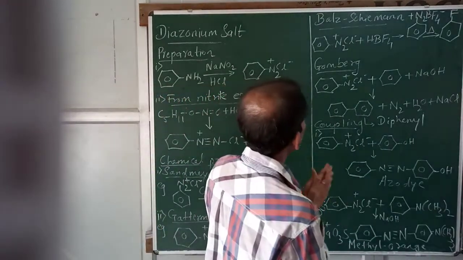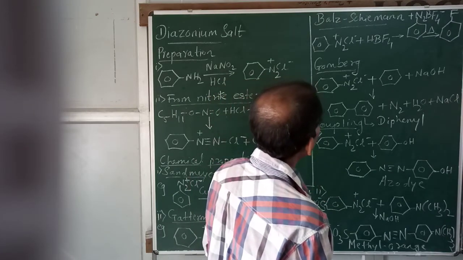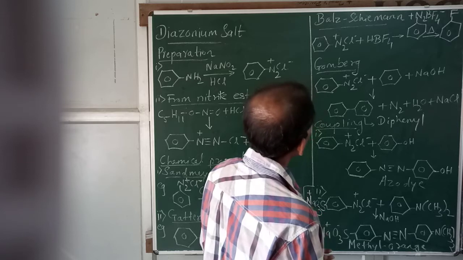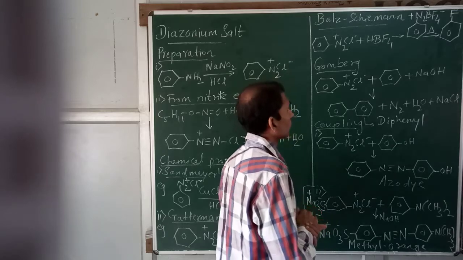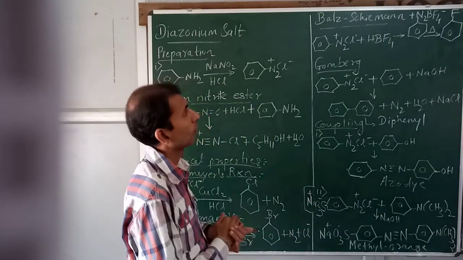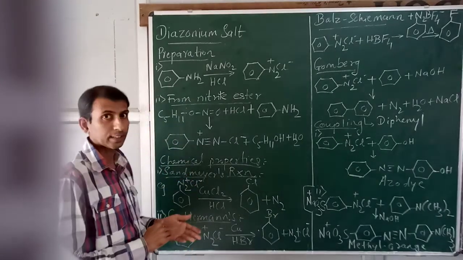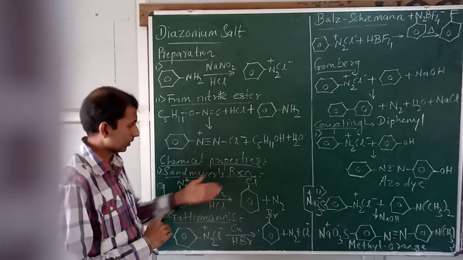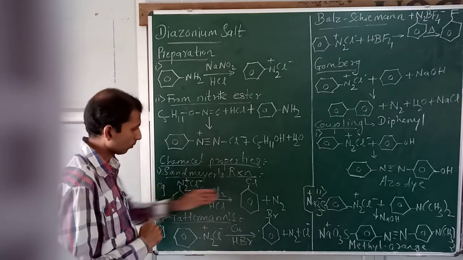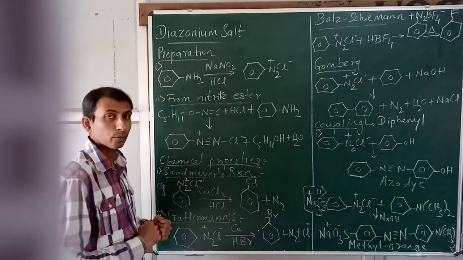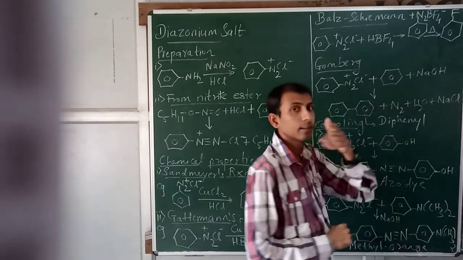The third chemical reaction is the Balz-Schiemann reaction, and here we are going to see the formation of fluorobenzene. Can you see the pattern of this reaction, how they have started? In the first reaction they prepared chlorobenzene from diazonium salt, then bromobenzene from diazonium salt in Gattermann's reaction, and in the Balz-Schiemann reaction they are preparing fluorobenzene.